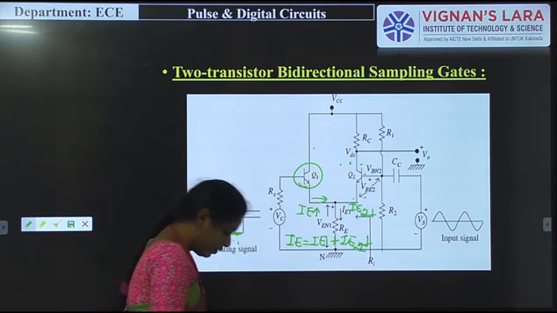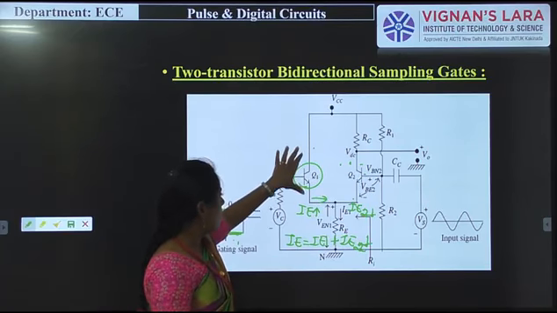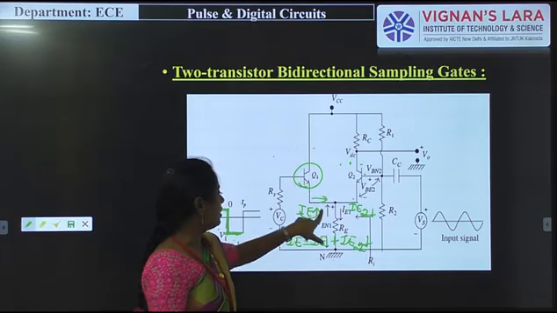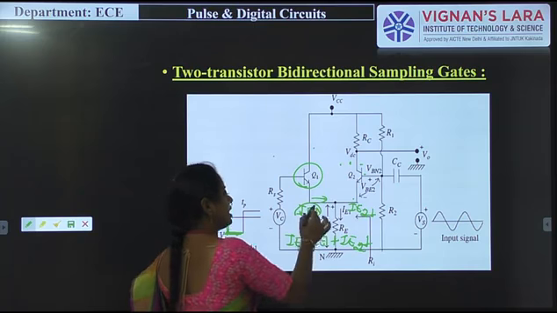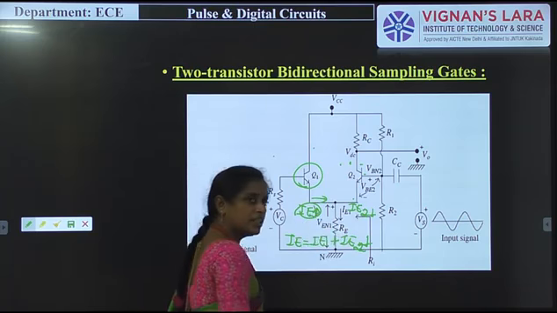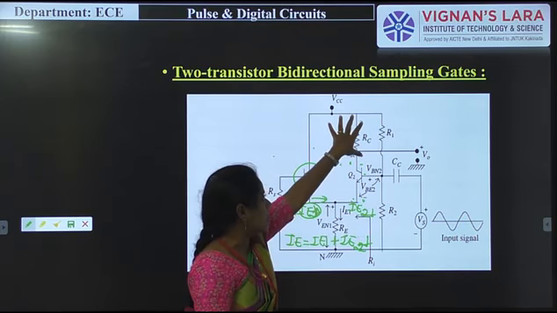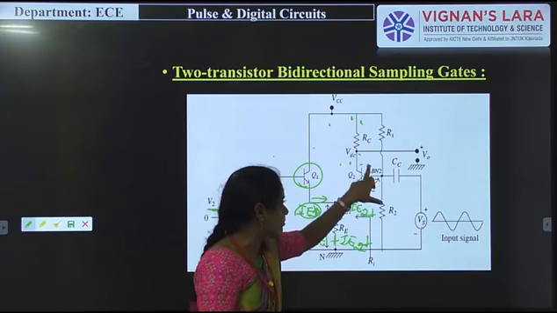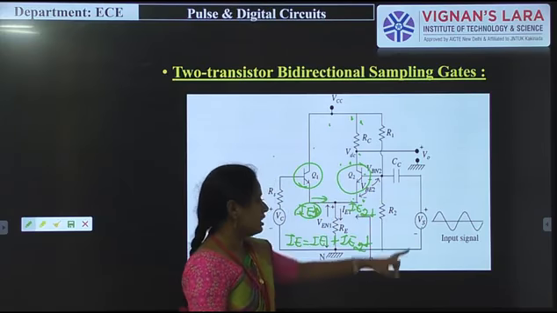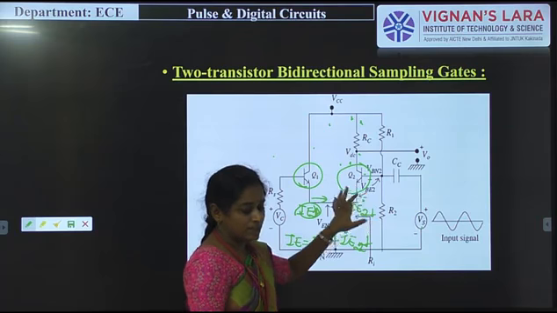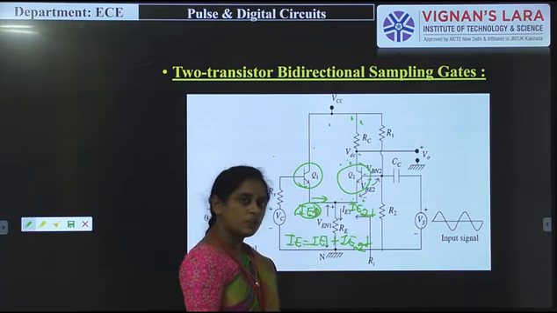When it goes to cutoff, the IE1 current decreases. When IE1 decreases, IE2 obviously increases. When the emitter current increases, the collector current also increases. In this time the transistor Q2 goes to the active region.